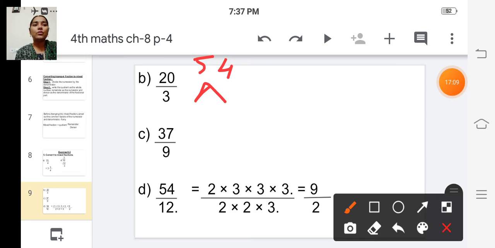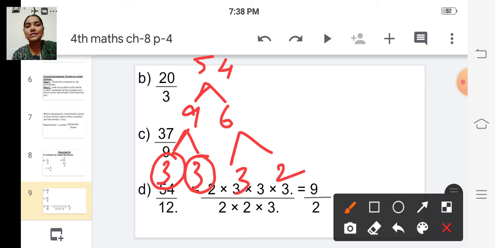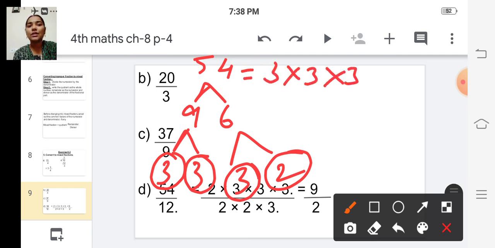So 54, let's factorize. 9 6s are 54. 9 can be written as 3 3s are 9, so these are prime factors. We shall circle them. And 6 can be written as 3 2s are 6, and these are also prime factors. So factors of 54 is 3 into 3 into 3 into 2.